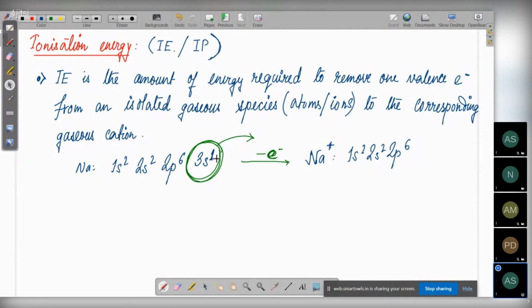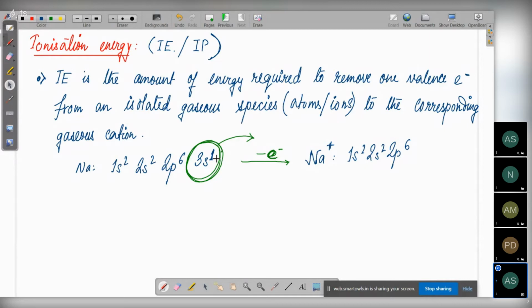That is why we are taking an isolated system where no one else is present other than sodium. If other atoms are also present in the same mixture, they can cause interference in my experiment. So we are taking an isolated gaseous atom and converting it into the corresponding cation.